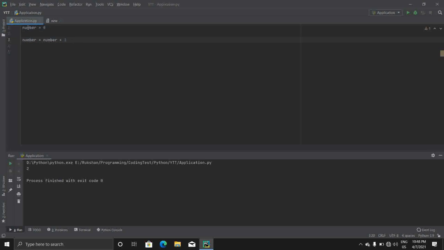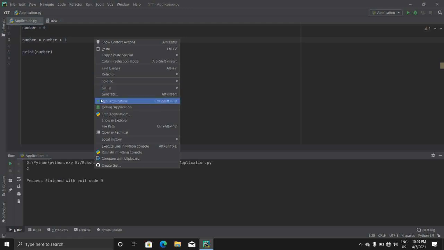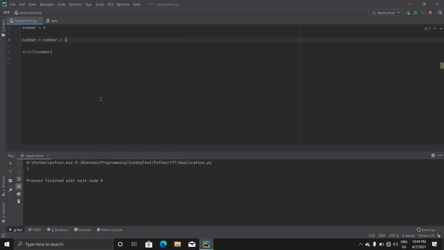Only one variable, only this number variable, right? This takes the number variable, adds 1 to it and stores that value back in number. Then it contains 1. When we print the number, you can see the output as this. We get 1 because we increased the number by 1.